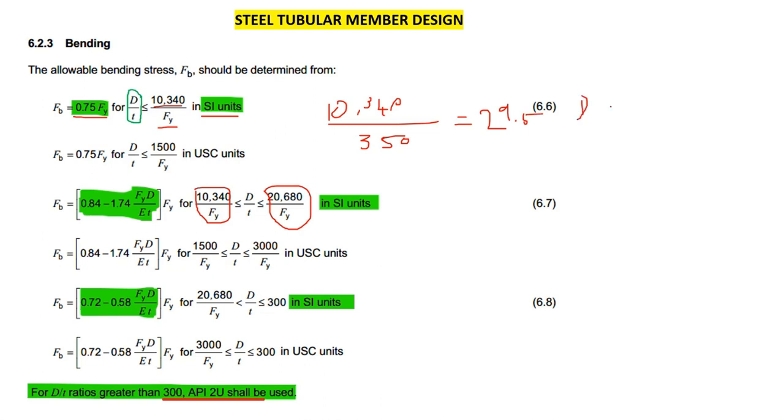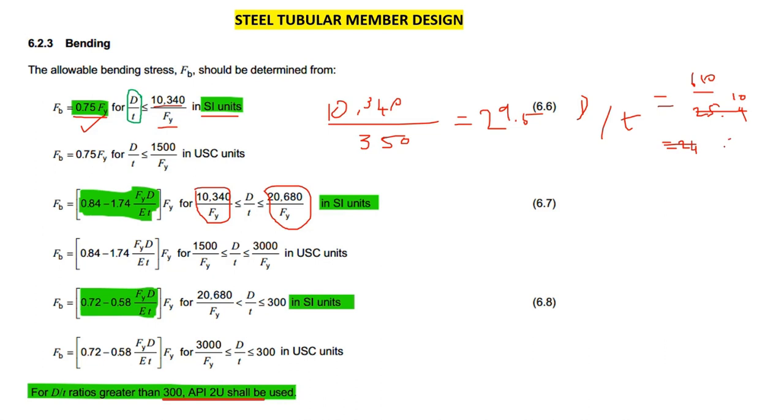If diameter by thickness, say 610 by 25.4 in this example, becomes about 24, so we can directly use 0.75 Fy. But suppose the thickness is only 10, then what would happen?